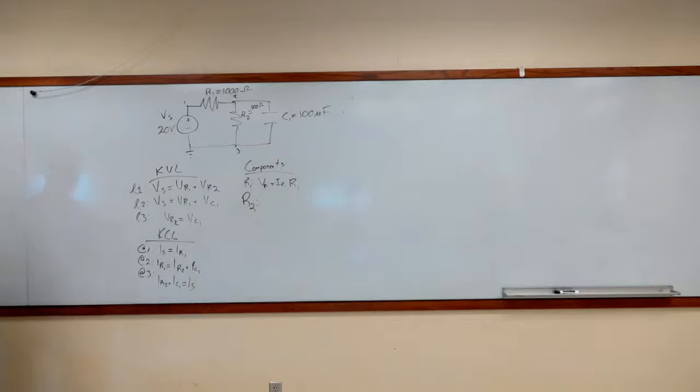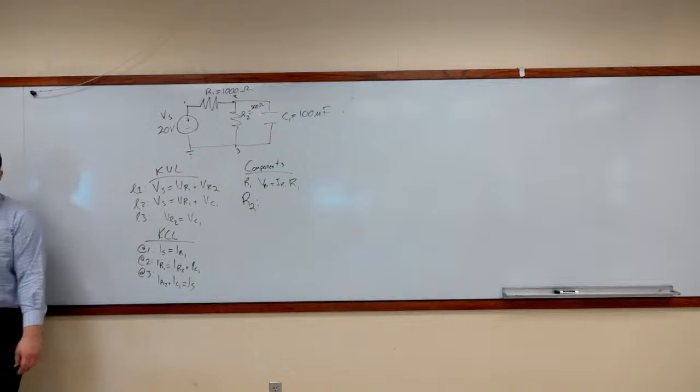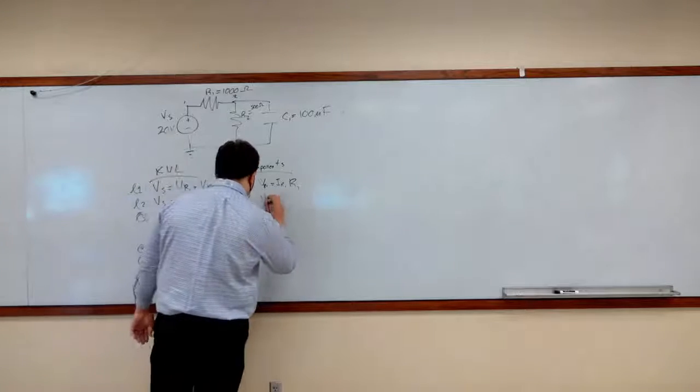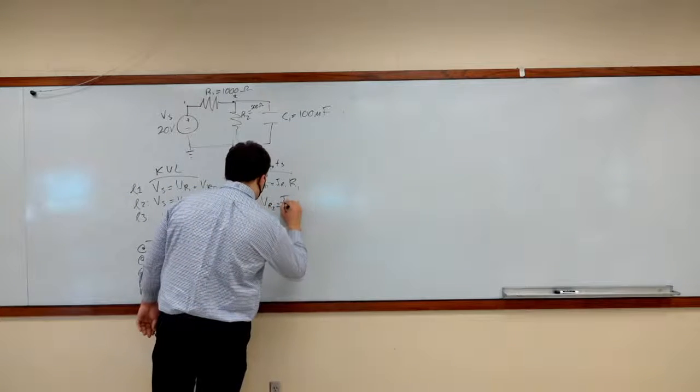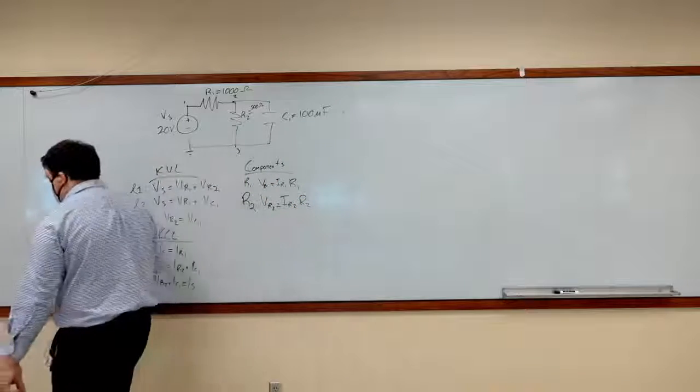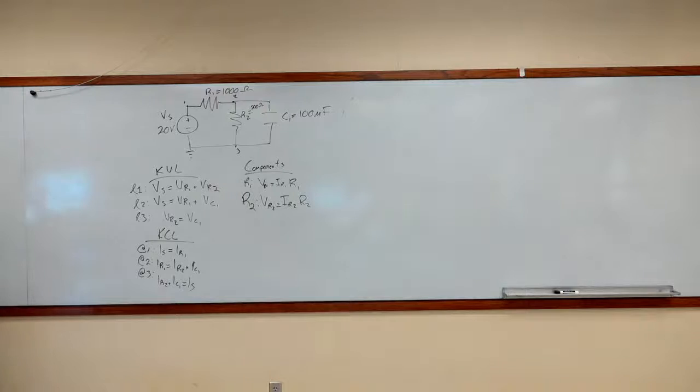It's a resistor. What's the relationship between voltage and current in a resistor? It's Ohm's law again. VR2 is equal to IR2 times R2. Okay? What's our last component? C1.